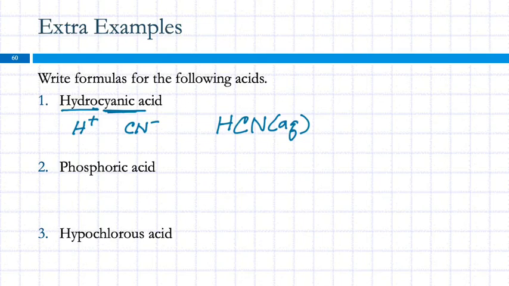Phosphoric acid. Is this oxyacid or other kind? This is an oxyacid because it doesn't have the hydro prefix. So for an oxyacid, I'm going to look at this ic ending and change it to ate. So this comes from phosphate.